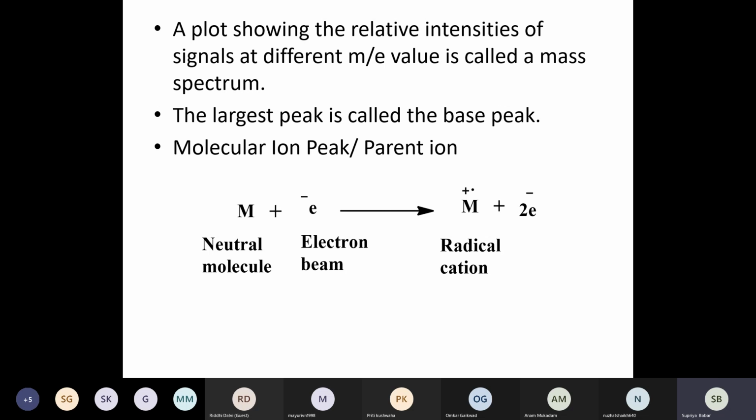So there is a decrease in the energy. Lone pairs will require the least energy to remove these electrons. Lone pair electrons are easily removed, but sigma electrons require higher energy.